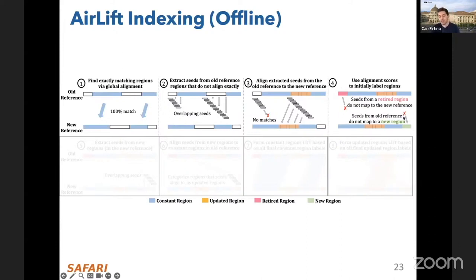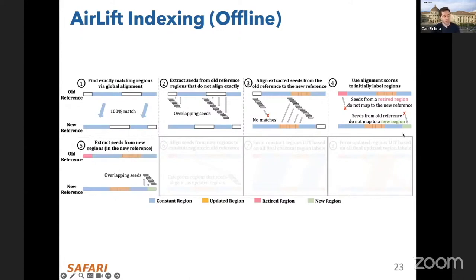Similarly, if there are no seeds that align to a region in the new reference genome, then we can assume that that particular region should be novel, because no seed could be aligned to it. So we label this region as a new region.